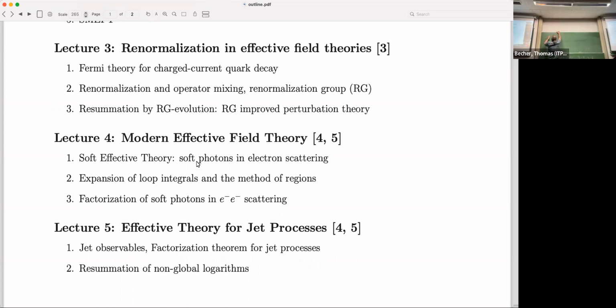Some operators which we might find in the effective Lagrangian. Phi squared is an interesting operator. This is what comes with the mass term, for example, in the scalar case, in the bosonic case, or psi bar psi.